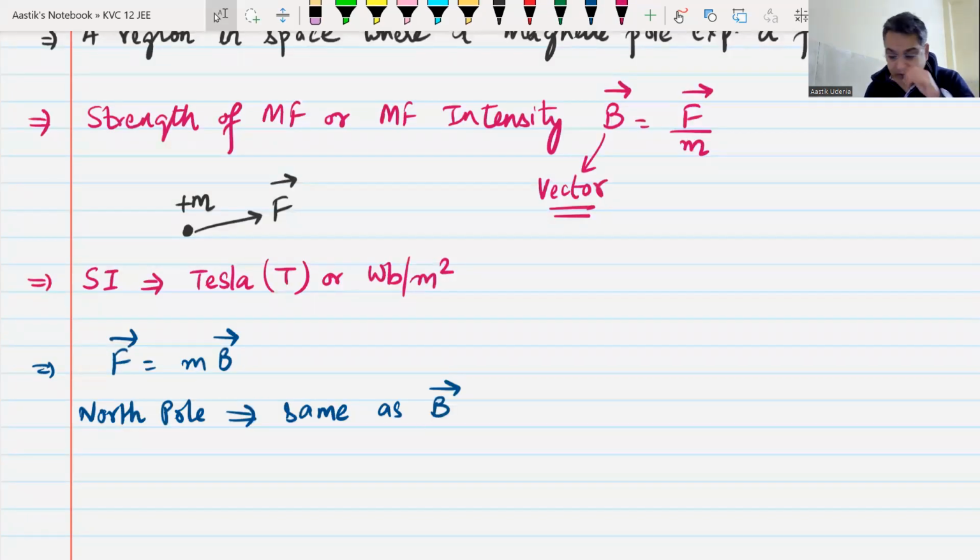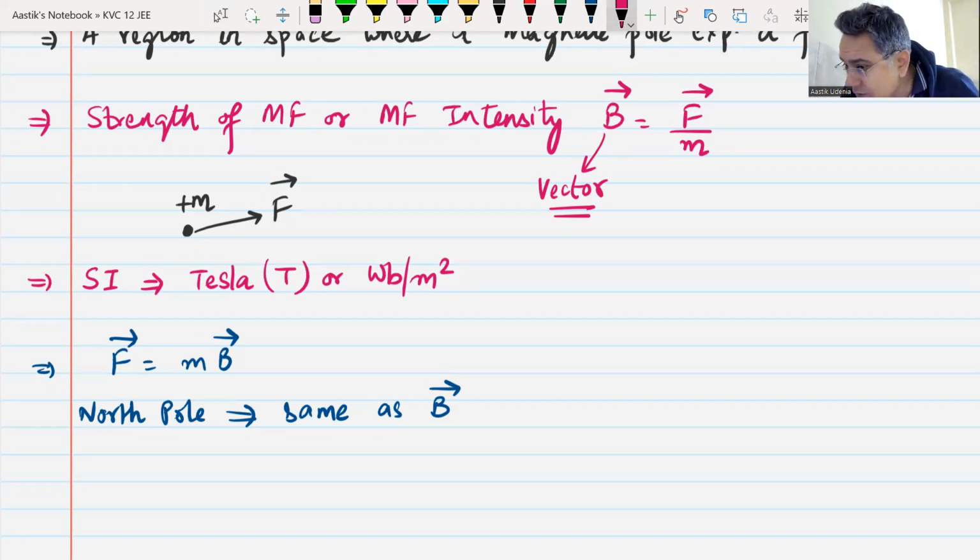Now this magnetic field is somewhat different to an electric field. When we talked about electric field, we told you that electric field starts from somewhere and ends somewhere. Where does an electric field start from? Electric field has a starting point, electric field has an end point.